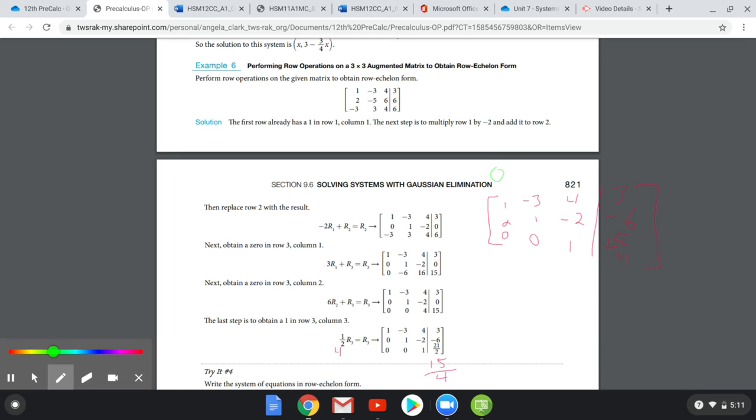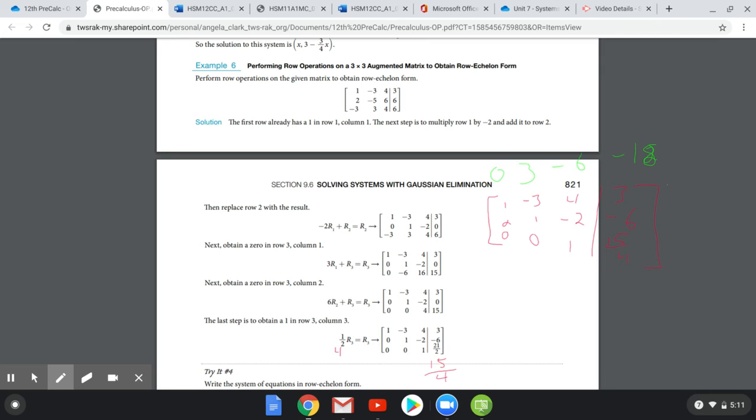So it'd be 0, 3, negative 6, negative 12. Nope, negative 18. What am I thinking? I don't know. Negative 18. All right, so multiplying this row by 3, and then we're going to add it to the top row, and we're going to put that in the top row.